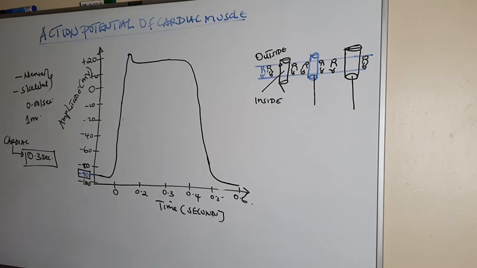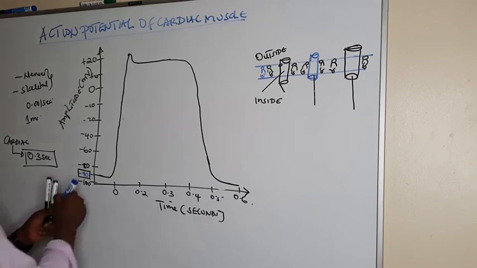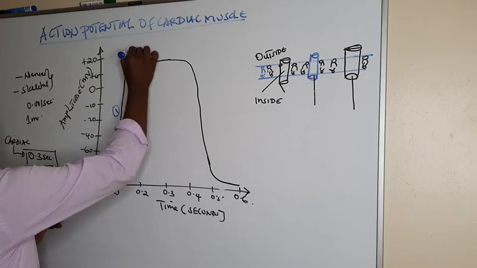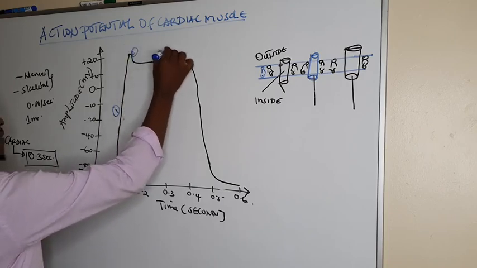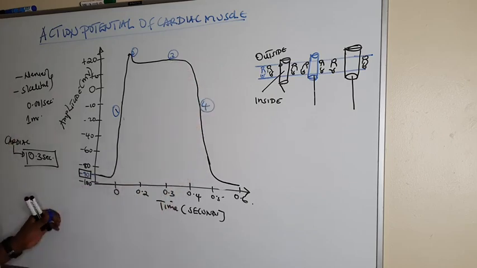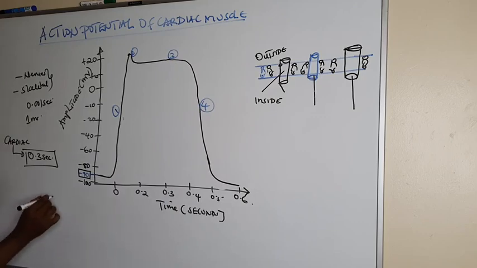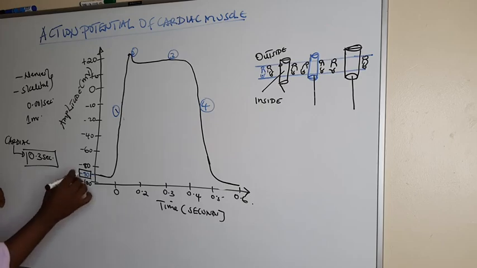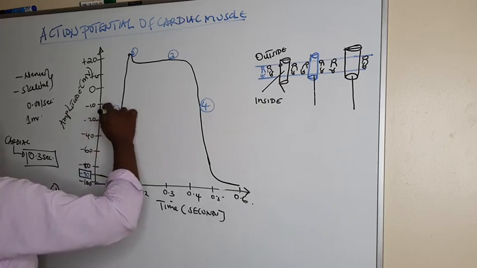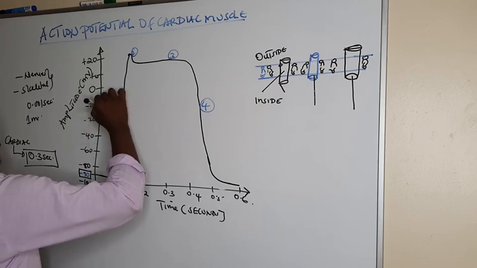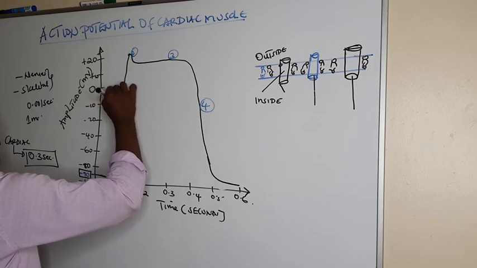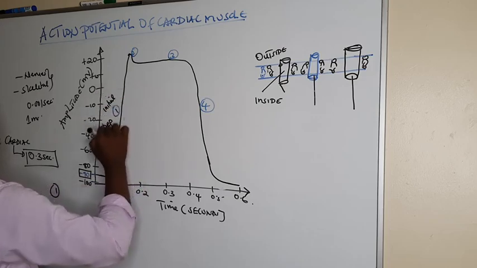So this is the curve showing the action potential in the cardiac muscle, whereby this is the first phase, the second phase, the third phase, and the fourth phase. The first phase, this one we are seeing, is the initial depolarization.